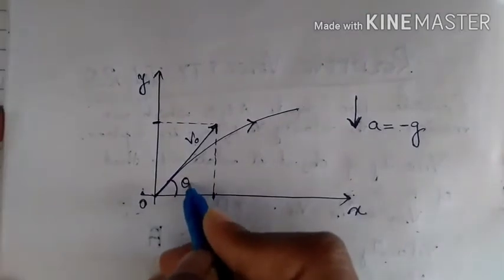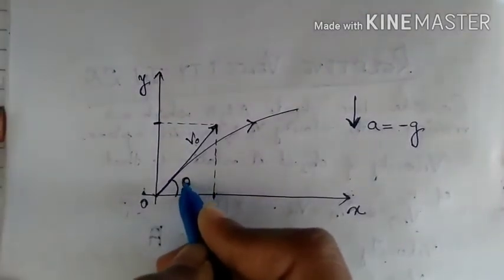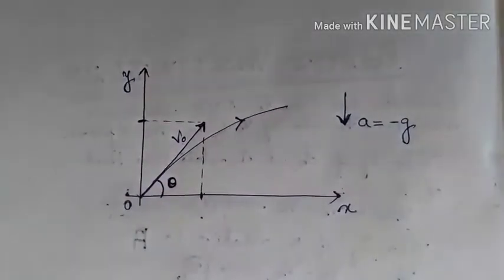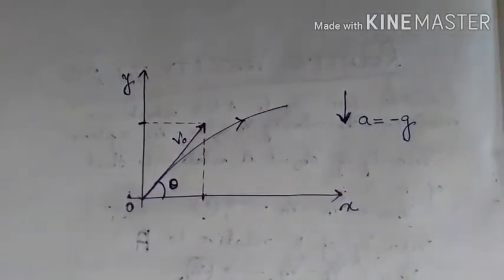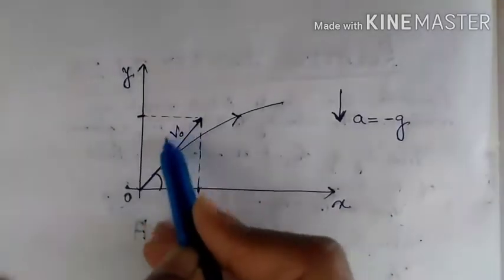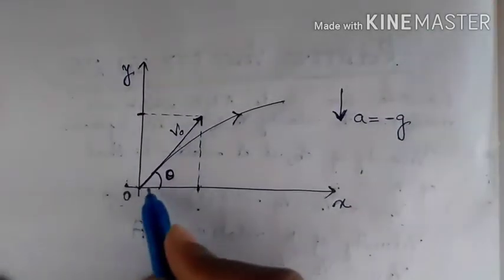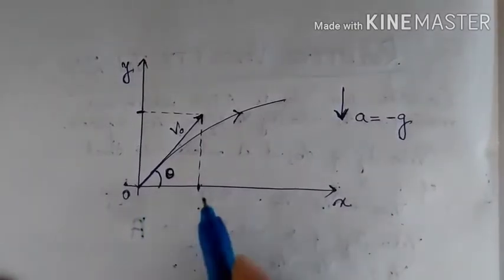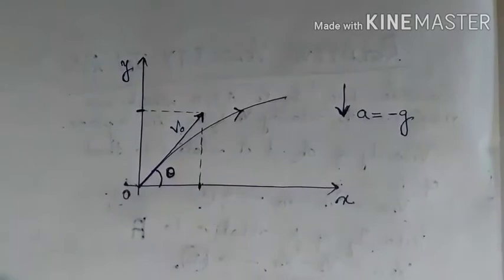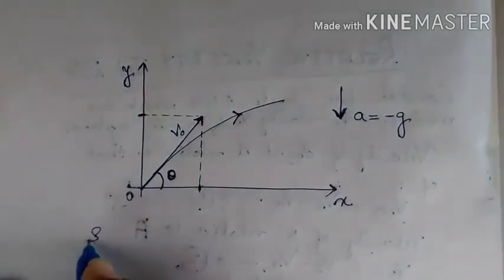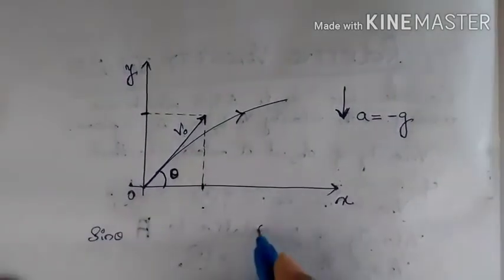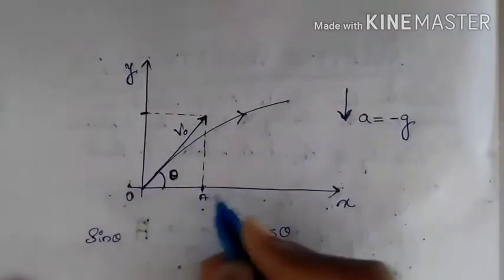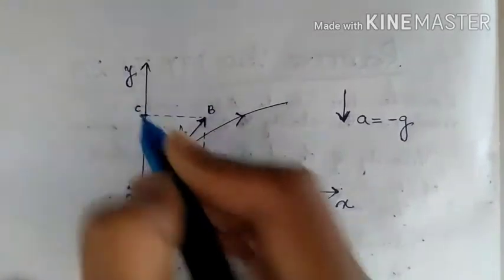Now here you can see there is an angle theta made by the projectile when it is thrown with a certain initial velocity v naught. You know sine theta and cos theta, the trigonometric functions. Let us write sine theta and cos theta. Let us name these points A, B, C.